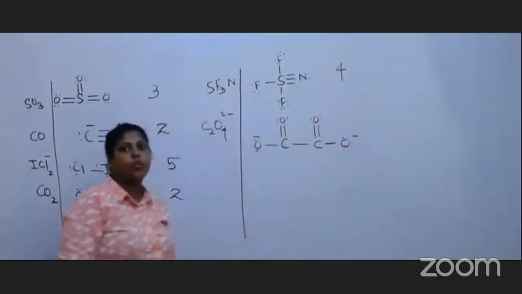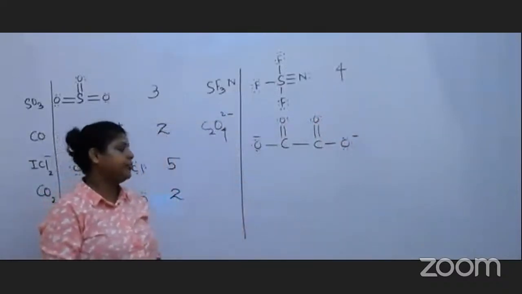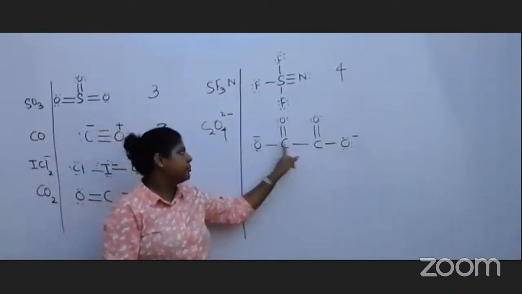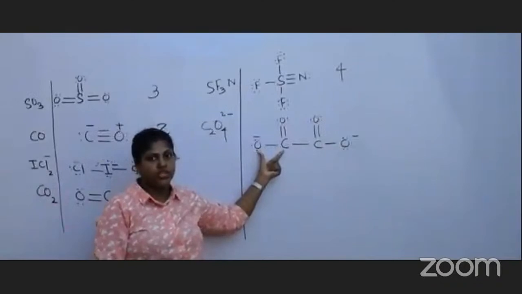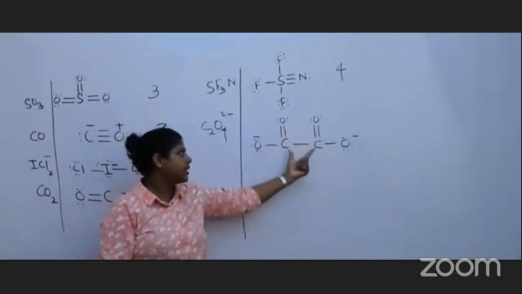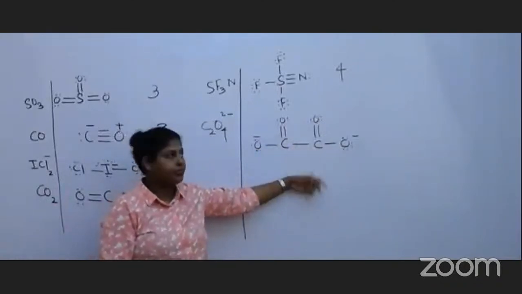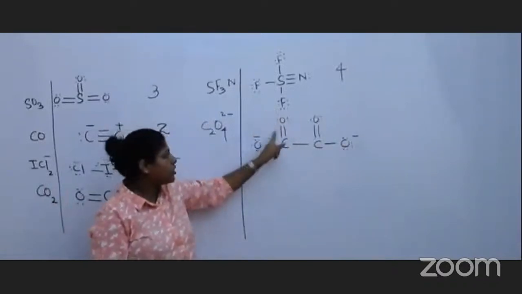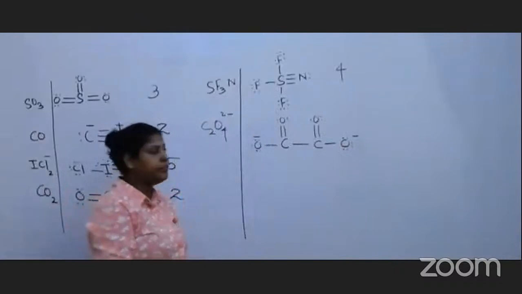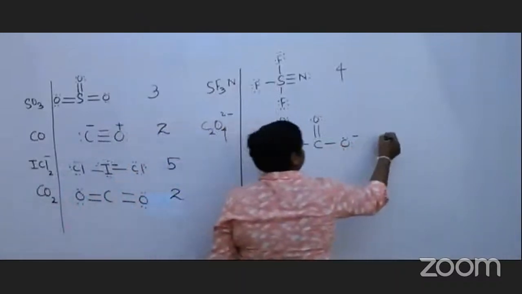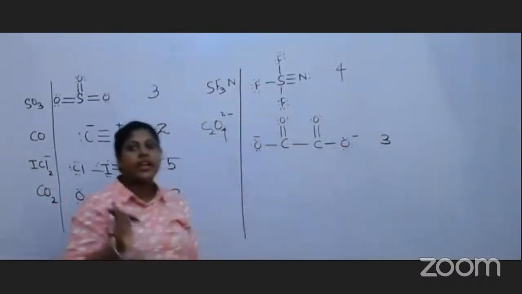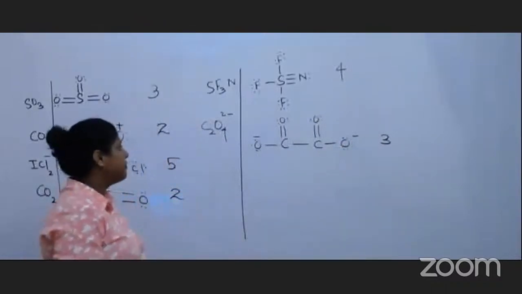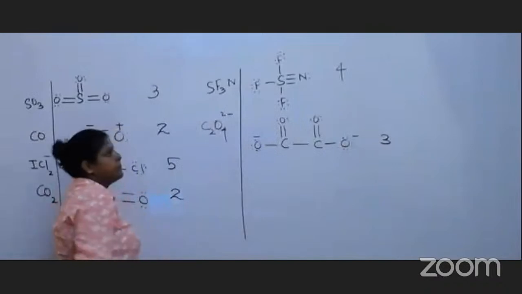Around one carbon atom, there are two single bonds between carbon and oxygen, a single bond between the two carbons, and a double bond between carbon and oxygen. So the total VSEPR units around this carbon atom is 3.